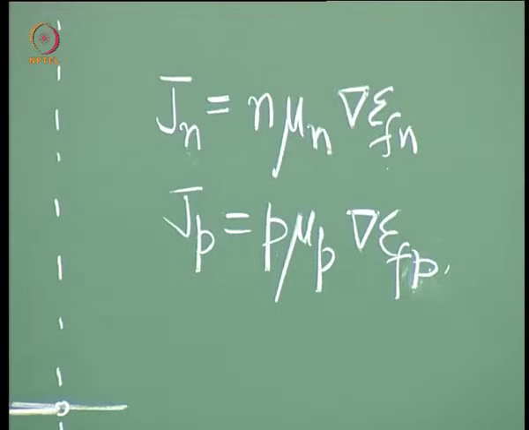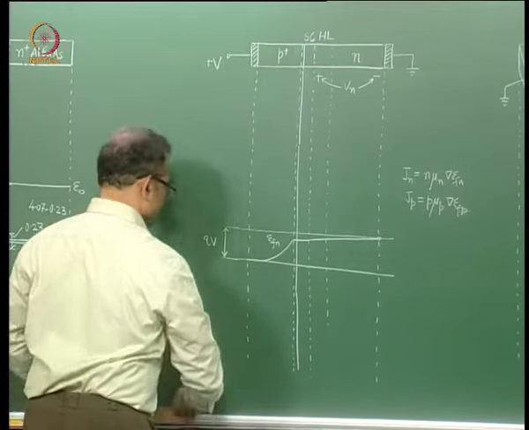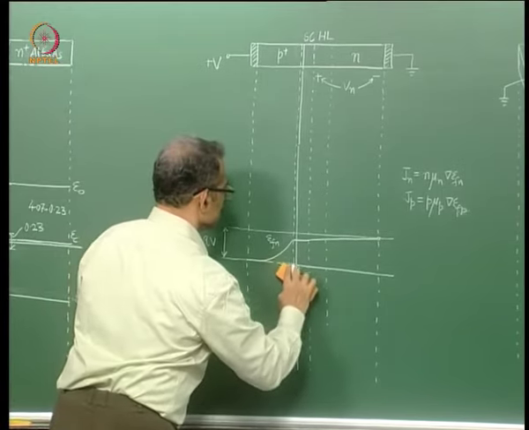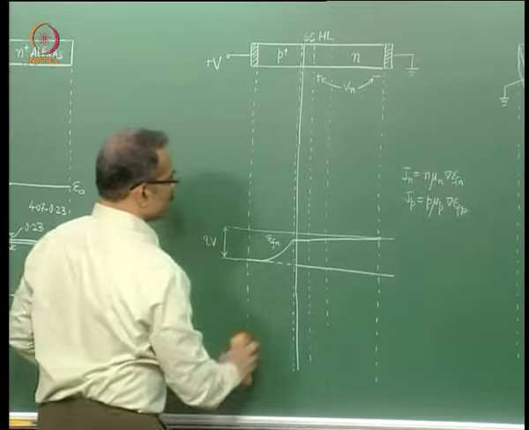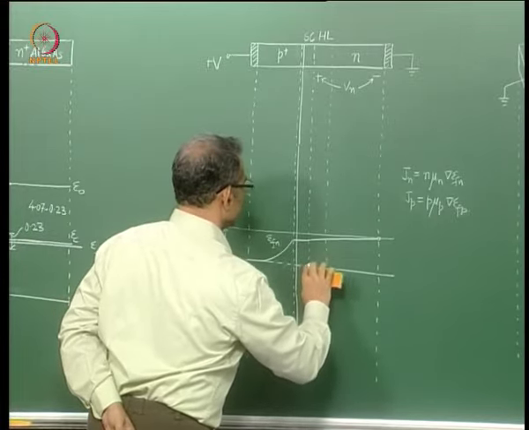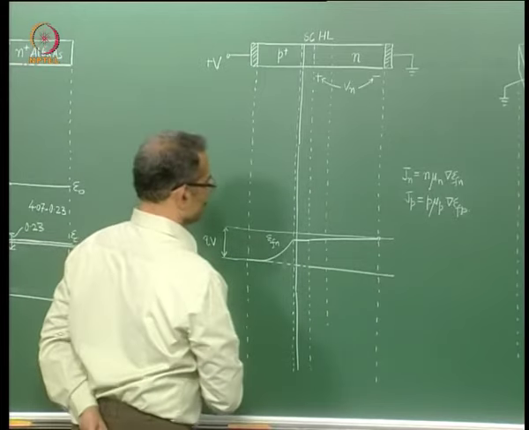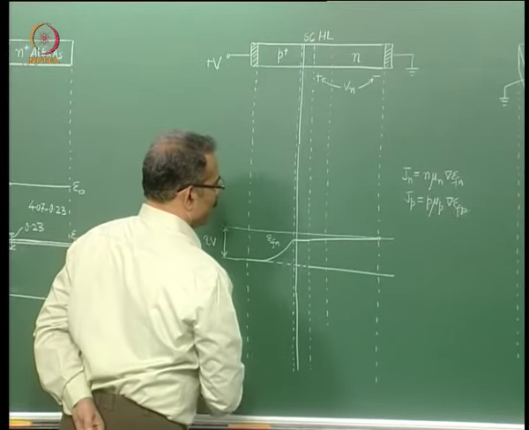So we will assume that the quasi Fermi level for holes is almost flat. So this is how it looks here, and in the space charge region also it remains approximately flat.